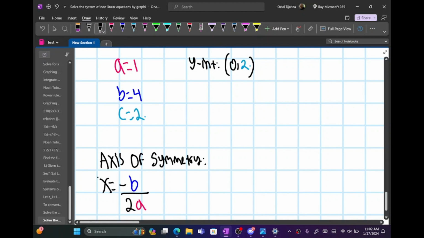So plugging in the values, we have negative 4 over 2 times 1, which equals negative 4 over 2, which is negative 2.